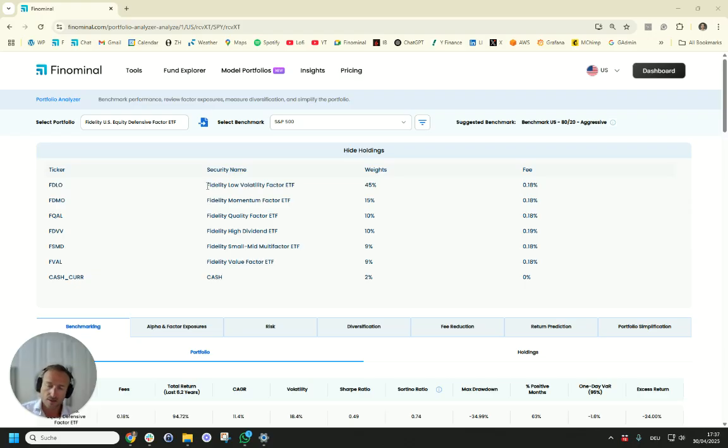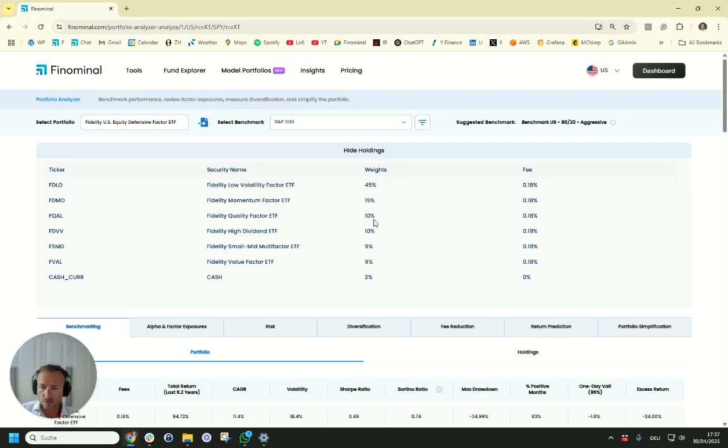The constituent with the largest weight is the Fidelity low volatility factor ETF with a 45% weight. Given that it's a defensive portfolio, this large allocation to low volatility is not surprising. What perhaps is surprising is that the allocation to the Fidelity quality factor ETF is only 10%.